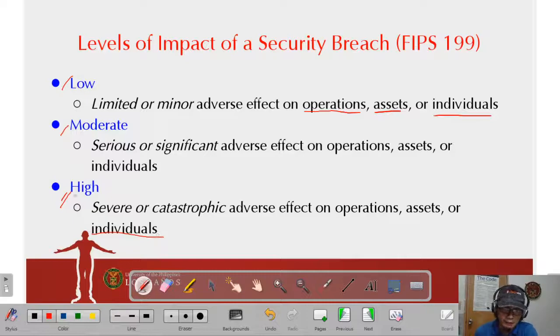A common example I read lately is a patient dying because of a ransomware attack in a hospital.